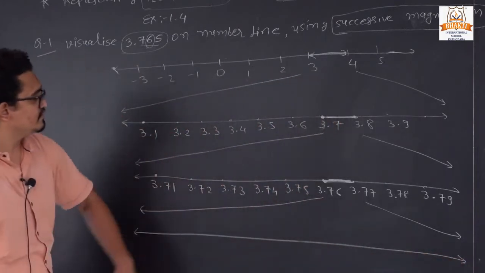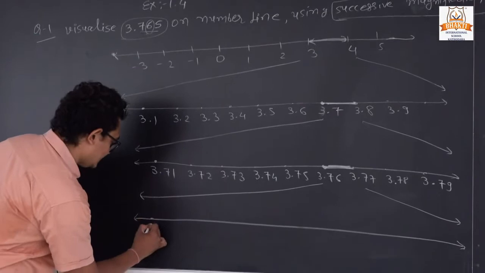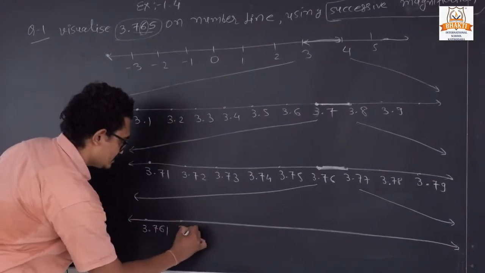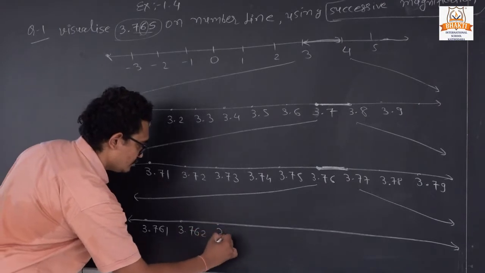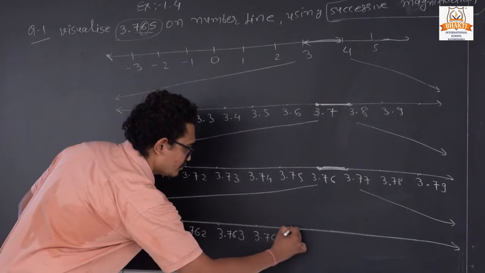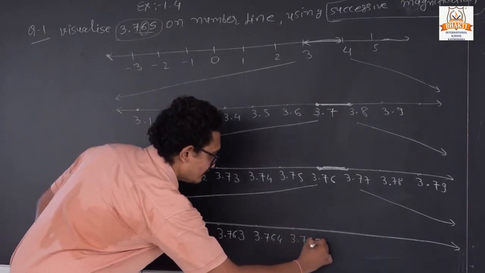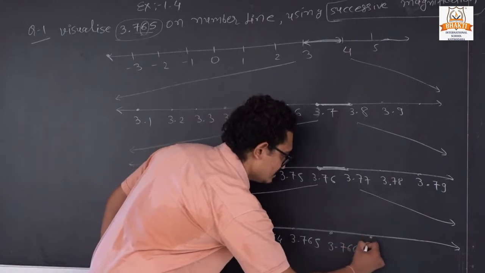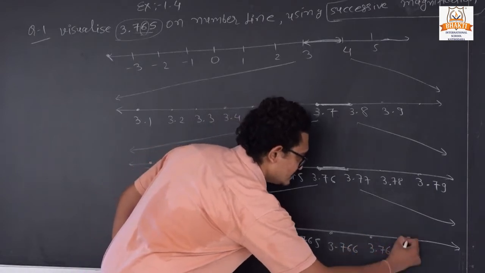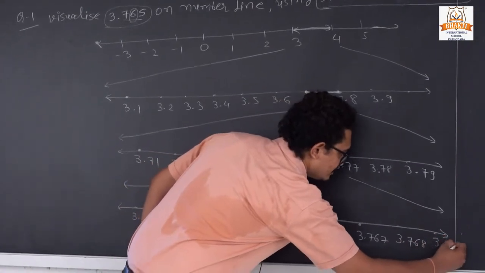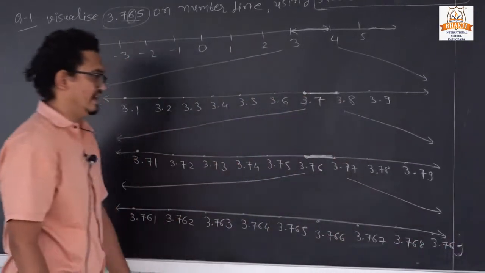So from there now we can write 3.761, then 62, 3.763, 764, 765, 766, 767, 8, and last it will be 769.